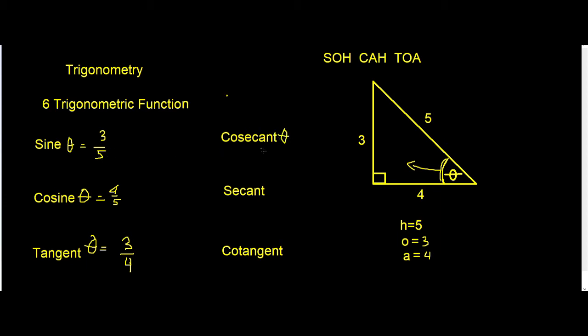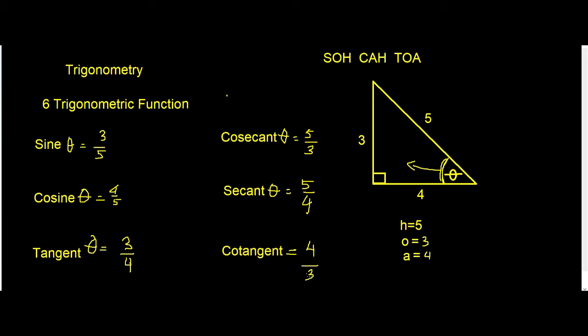So, you have cosecant theta is equal to 5 over 3. You just get the reciprocal or yung kabaligtaran. The secant theta is equal to 5 over 4. And lastly, your cotangent is 4 over 3, or the reciprocal of the tangent theta. And that's how you get the 6 trigonometric functions.